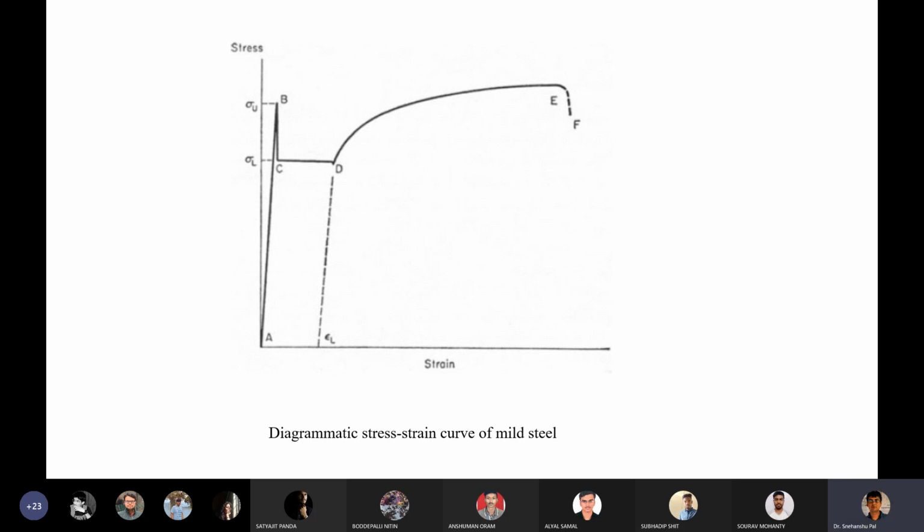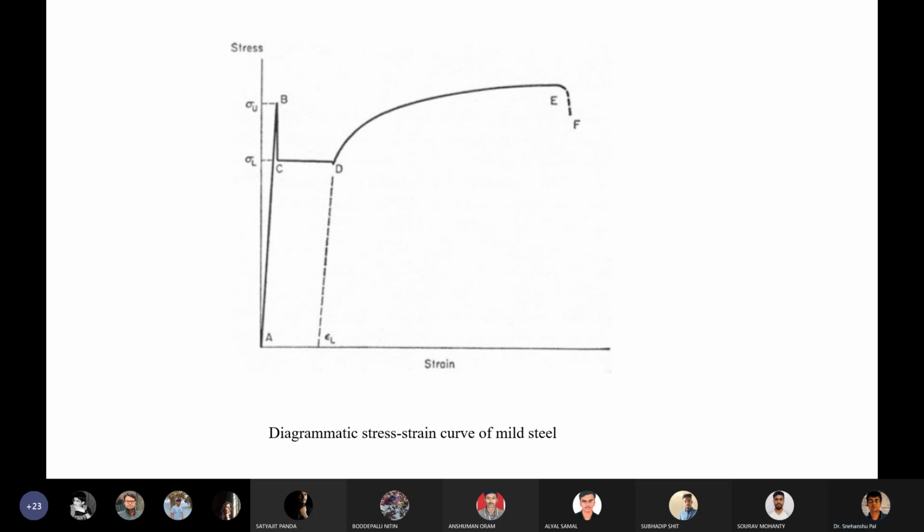These bands are also known as Hartmann lines, and somebody also names them stretcher strains. This kind of Luder band strain in steel can be as high as around 5%. It depends on the grain size and the deformed region on a test specimen, and it can clearly be shown under different conditions.